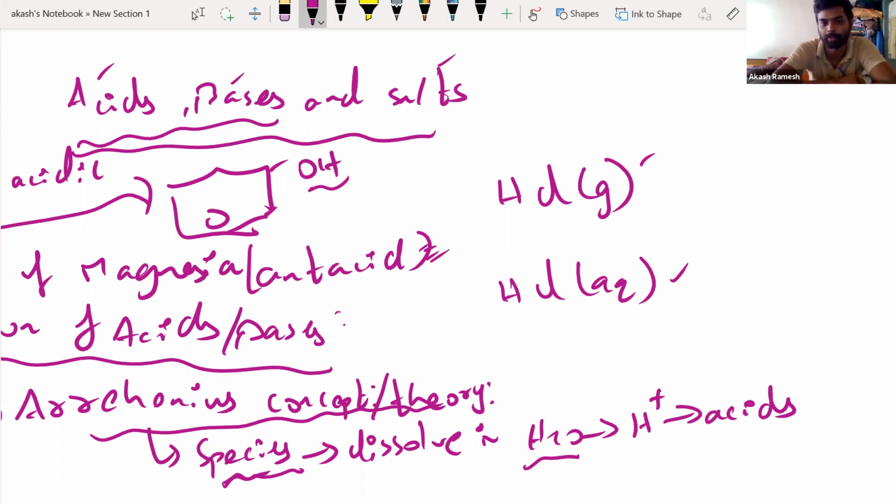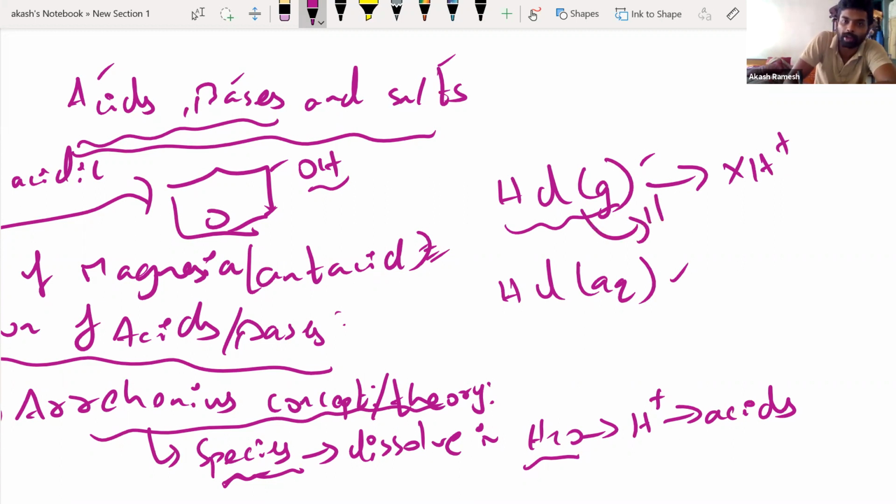Gas or aqueous solution? Aqueous solution. Absolutely, right? Remember, HCl gas cannot produce H plus. It is a compound existing in gaseous state. That HCl gas cannot produce H plus as long as you don't dissolve it in water and form the HCl aqueous solution. This can form H plus. Yes, absolutely.